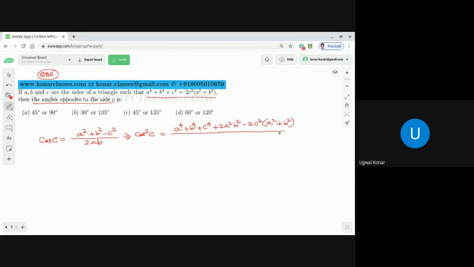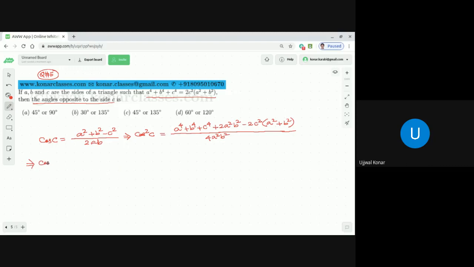Just apply the formula of (a plus b plus c) whole square, divided by 4a square b square. Now here we are going to apply the value of a power 4 plus b power 4 plus c power 4, that is given as 2c square into (a square plus b square).